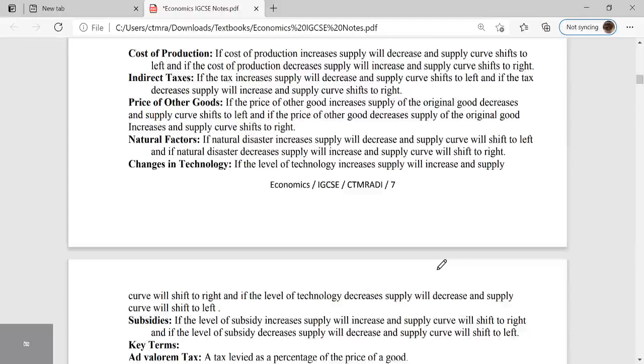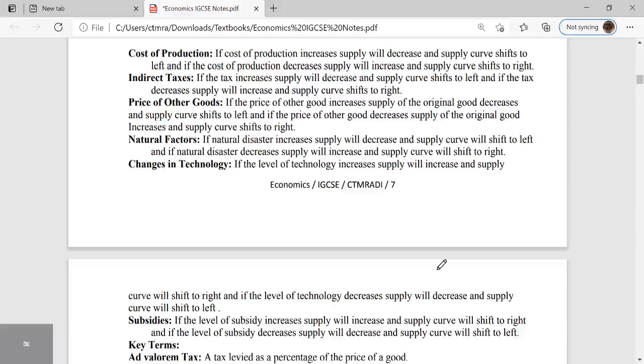The carrot producers will also shift to potato, because producing potato will seem more attractive and more profitable. So when the price of potato is rising, the supply of carrot will fall, because the carrot producers will be switching to potato.